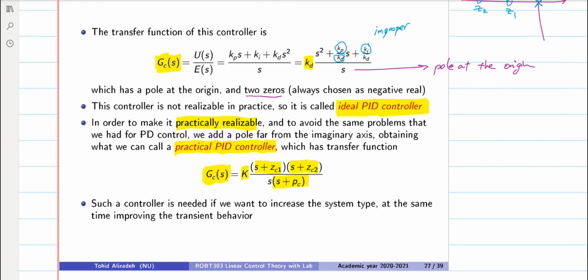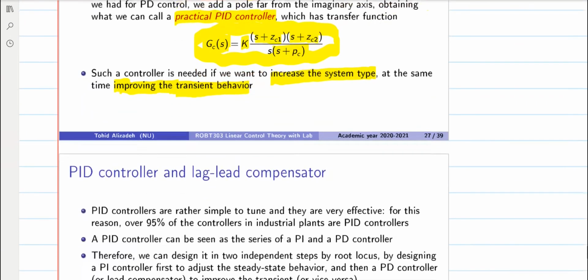This kind of practical PID controller will be needed when we want to increase the system type. So we need to improve the steady state behavior significantly by increasing the type of the system, and at the same time, we want to improve some transient behavior. So basically, with the PID controller, we are improving both the transient behavior and the steady state behavior.